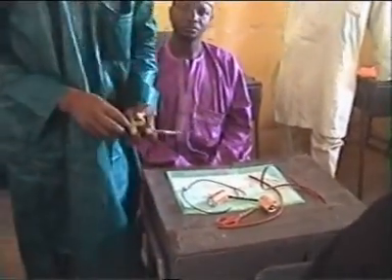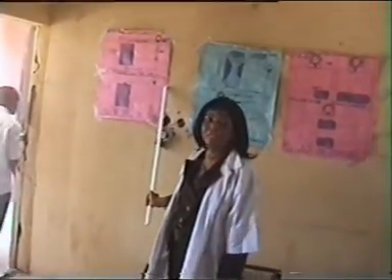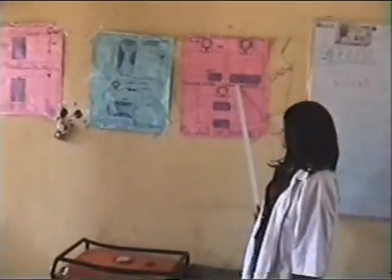Everybody stand up and stay around your group. Stay around your table. Okay, we have done number 1, the picture, all right? Then number 2 is this one.